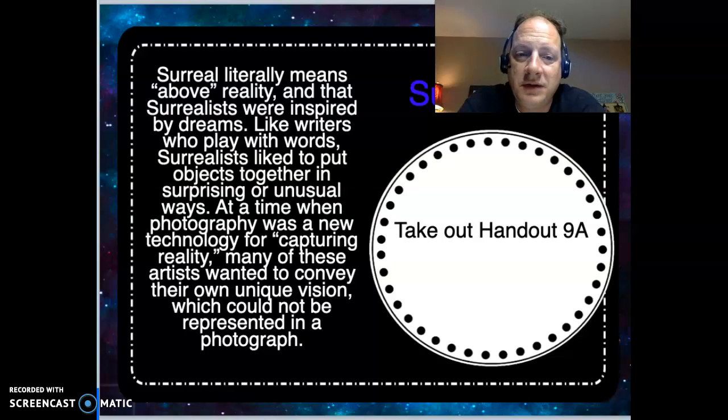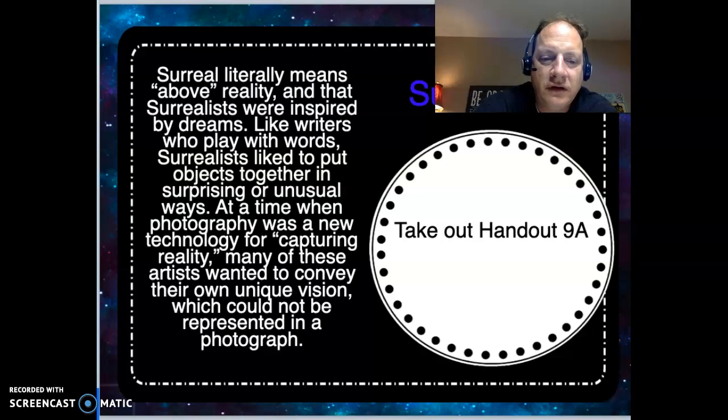Like writers who play with words, surrealists like to put objects together in surprising or unusual ways. At a time when photography was a new technology for capturing reality, many of these artists wanted to convey their own unique vision, which could not be represented in photographs.